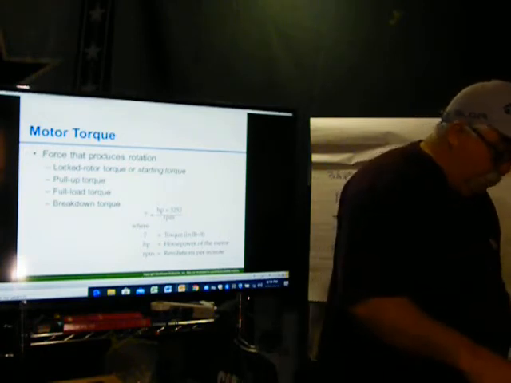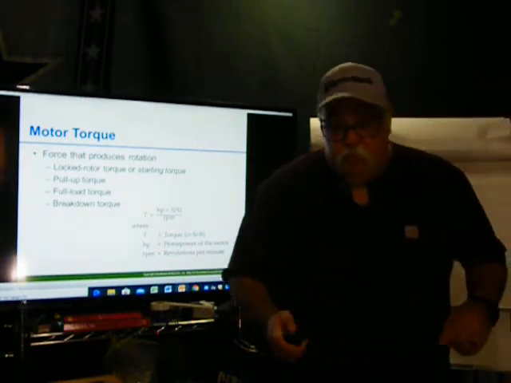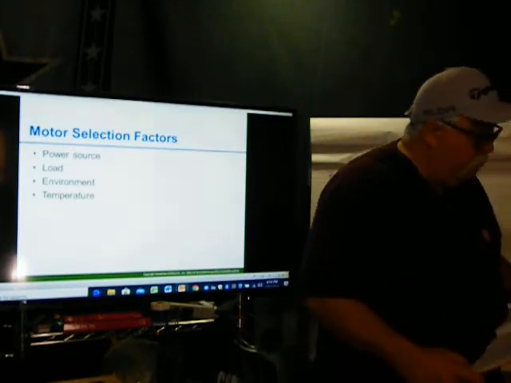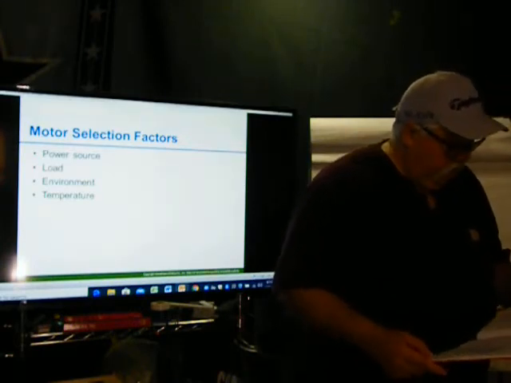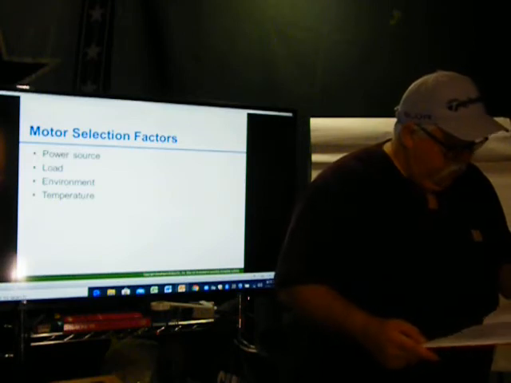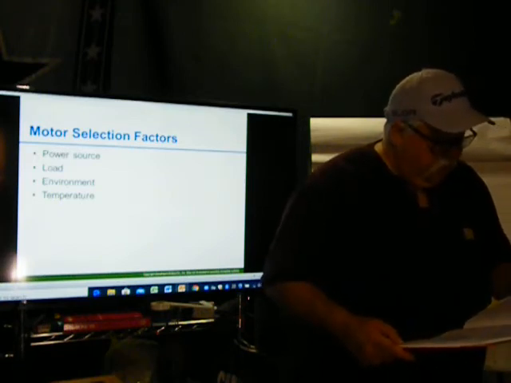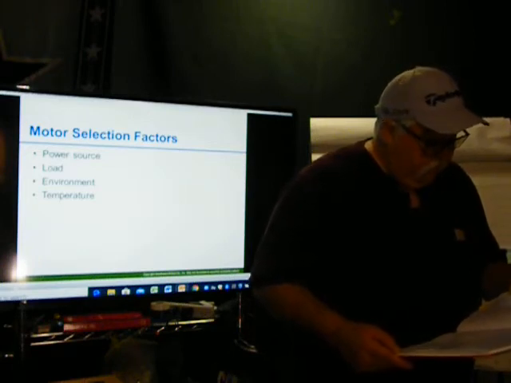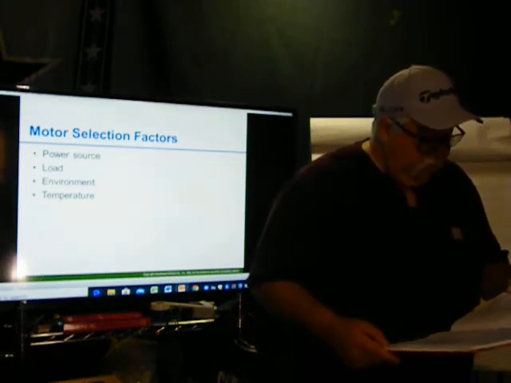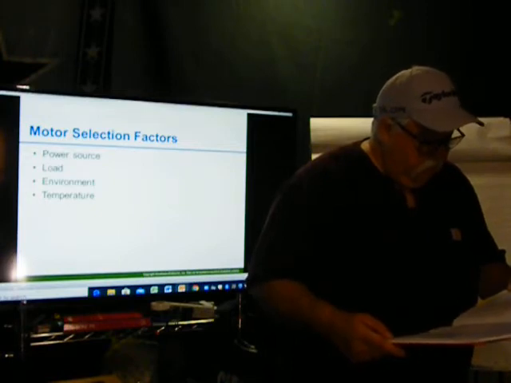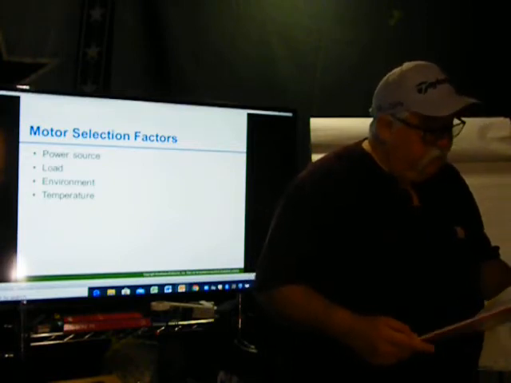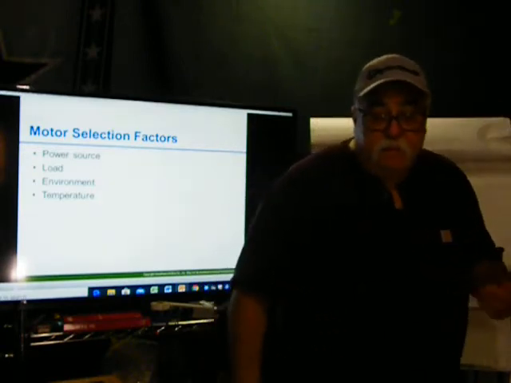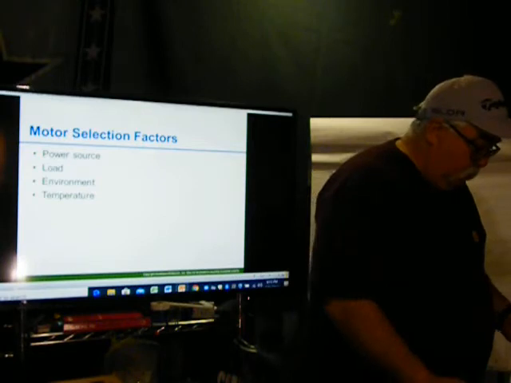Some examples are on a table. Let me see if I have it on here. No, they don't. So on page 190, down at the bottom, figure 13.7, it shows a single phase AC motor, a three-phase AC motor, and a direct current motor, as a percentage of the full load torque when it starts.